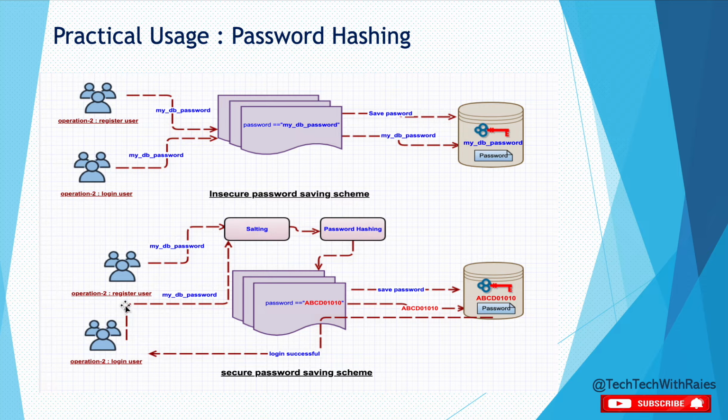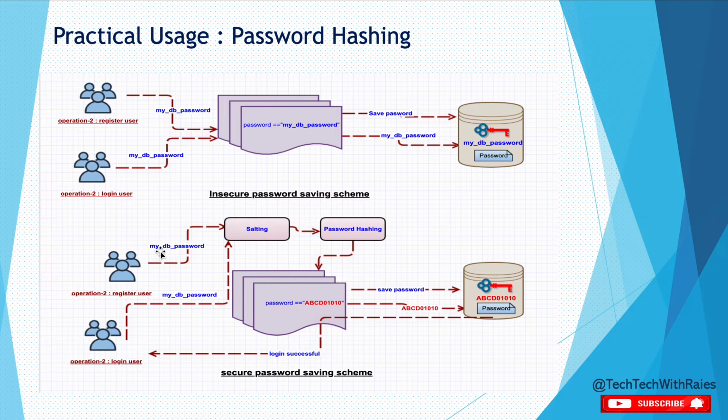So the thing is how the system processes this. For the first time, when the user is going to register, the user will pass his DB password, let's say. Salting means some salt strings are added to this DB password, so that this password becomes a little different.